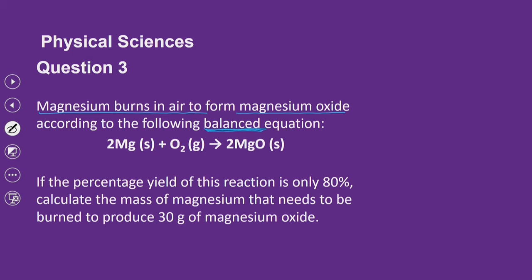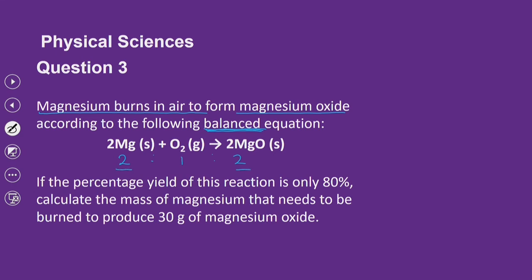We've got 2 magnesiums reacting with 1 molecule of oxygen, and that forms 2 magnesium oxides. By doing that, we've indicated the mole ratio. The mole ratio between magnesium and oxygen is 2:1. The mole ratio between magnesium and magnesium oxide is 2:2.